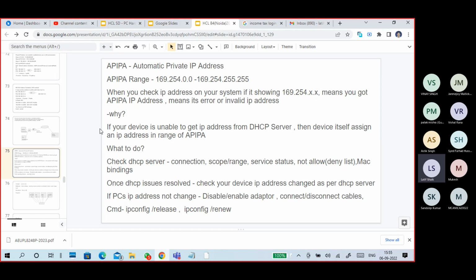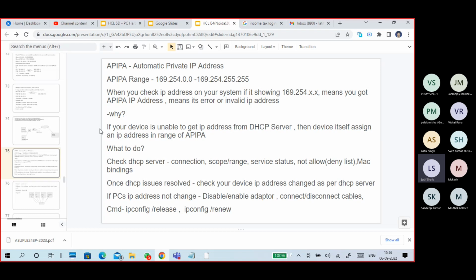Again, guys, what is this APIPA? Automatic Private IP Addressing. When you see an adapter IP address in the range starting 169.254.0.0, with the first two digits 169.254, it means it is an error.